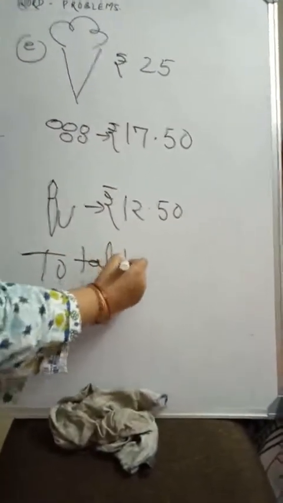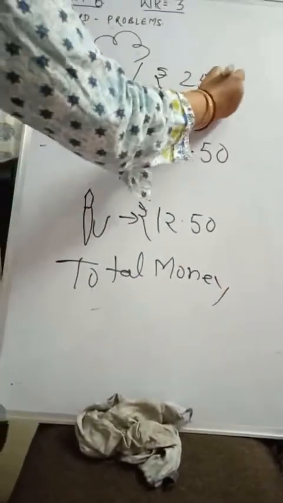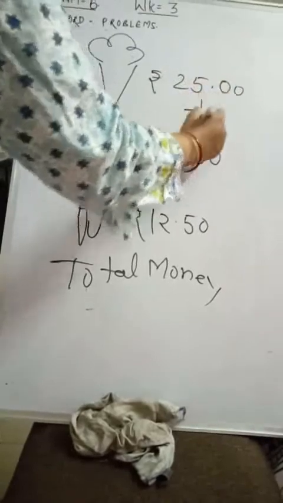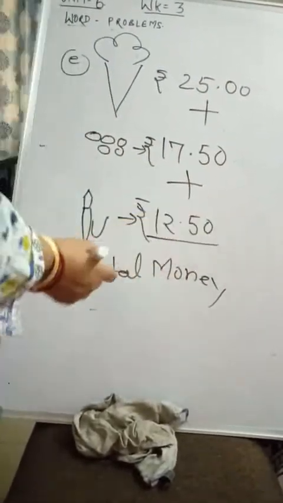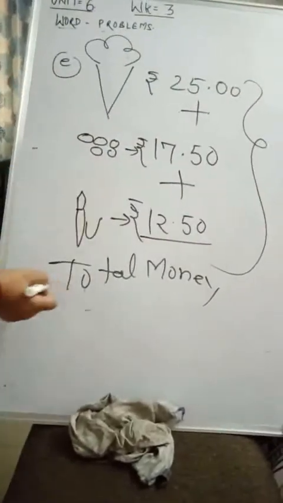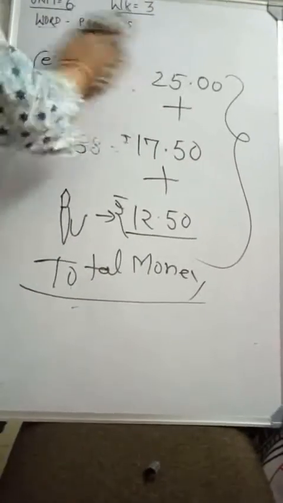You will just add rupees 25.00, rupees 17.50, and 12.50. You have to add all these three amounts, then you will get the total money. In this way children, you will have to solve this problem.